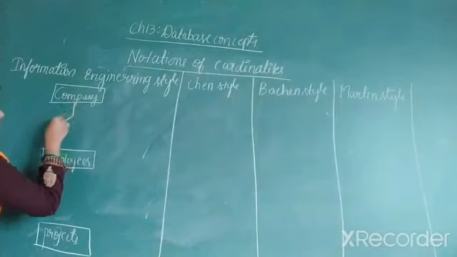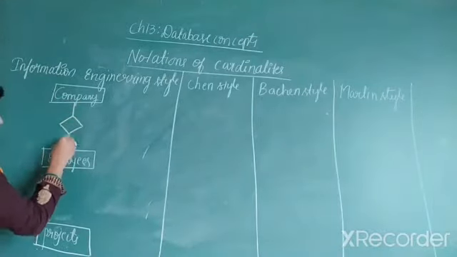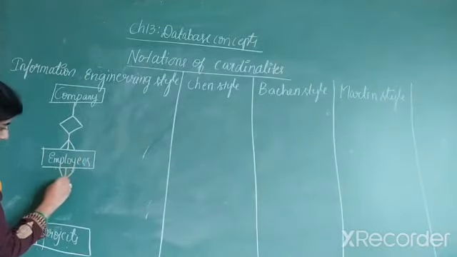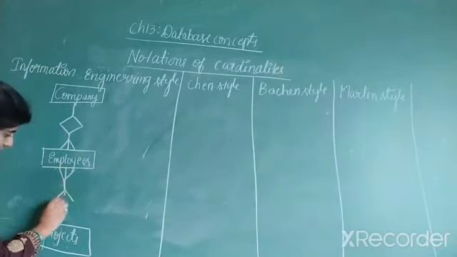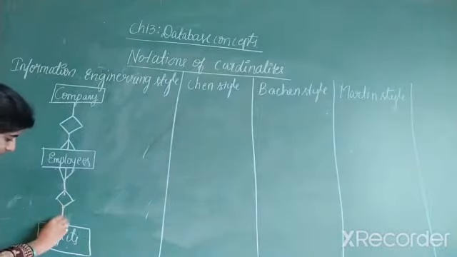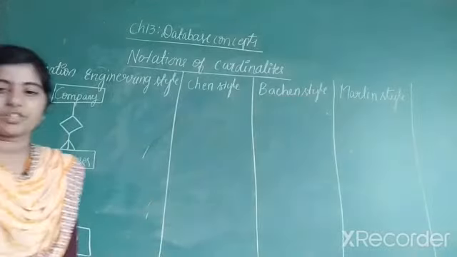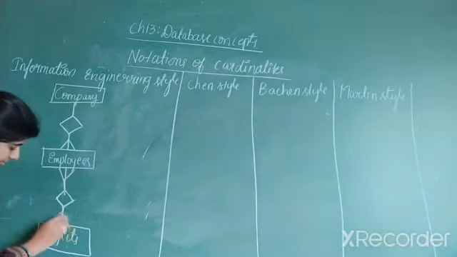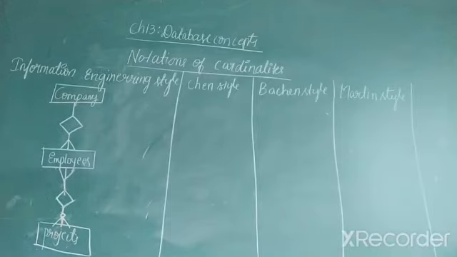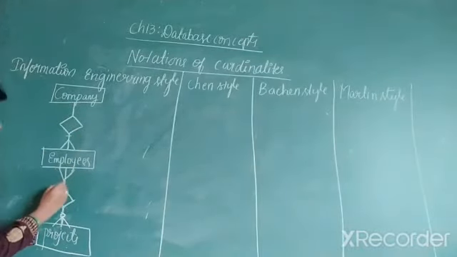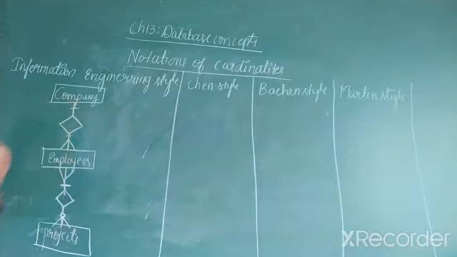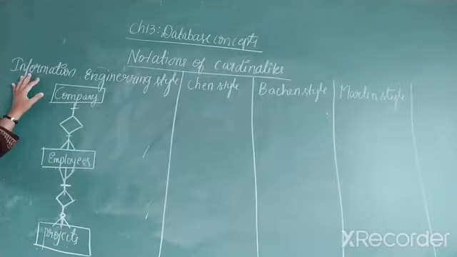So observe here the relationship established between the entities of the ER diagram, and here we will write like this. This type of establishing a relationship is called information engineering style.